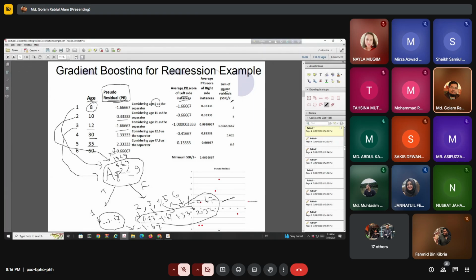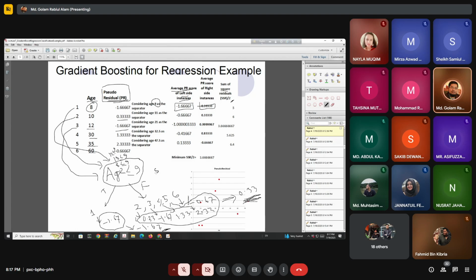If we do that, we will get 0.33. Average PRS score of the left side instance is negative 1.67, and of the right side instance is 0.33. Now those are our predictions.